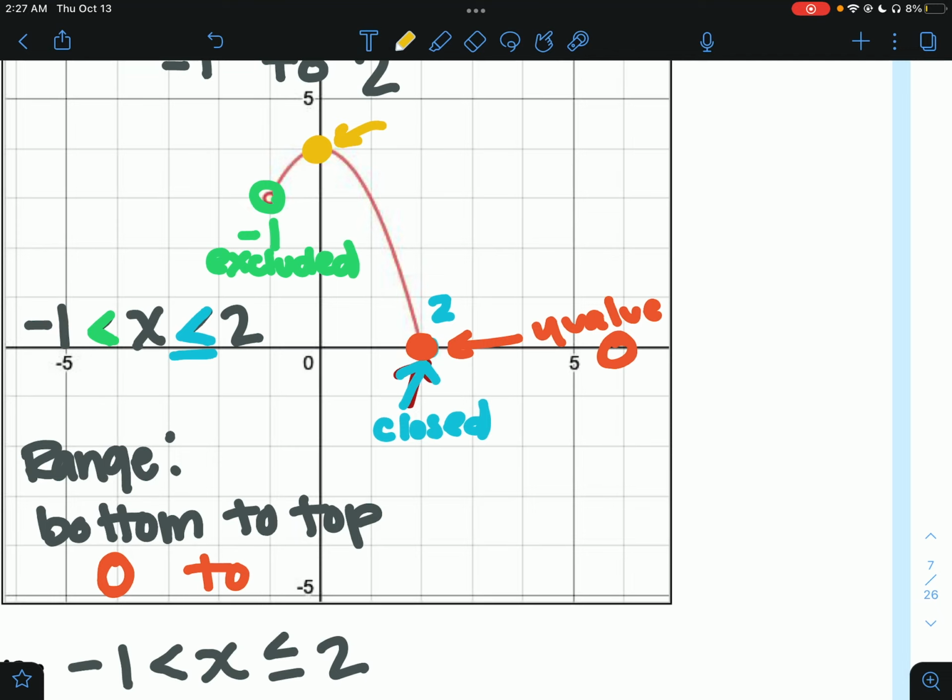And the value of y would be 4. Now, notice, if we're looking at that point right there, is there a specific point? No, we don't see an endpoint, not like we do here.